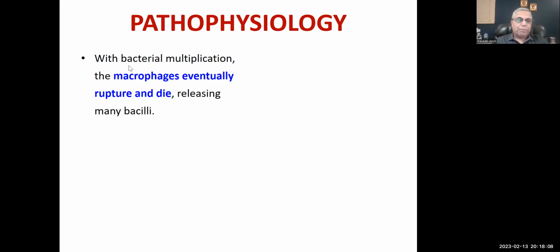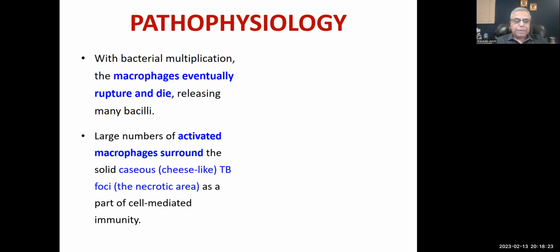Okay, with bacterial multiplication, the macrophages eventually rupture and die, releasing many bacilli. And that is how the disease spreads. A large number of activated macrophages surround the solid caseous, which means cheese-like, tuberculosis foci. Foci mean the necrotic area. The macrophages are dying, and some of the mycobacteria are also dying.